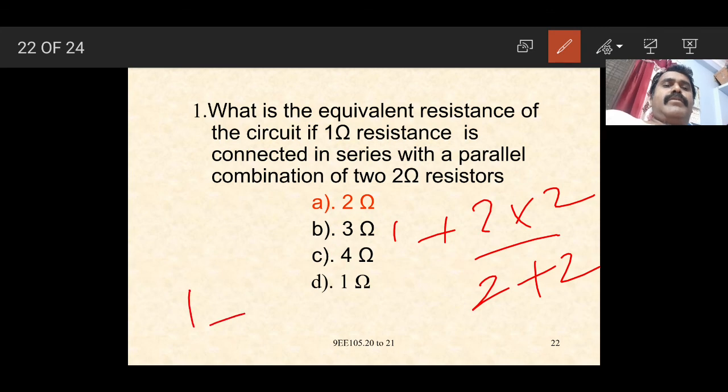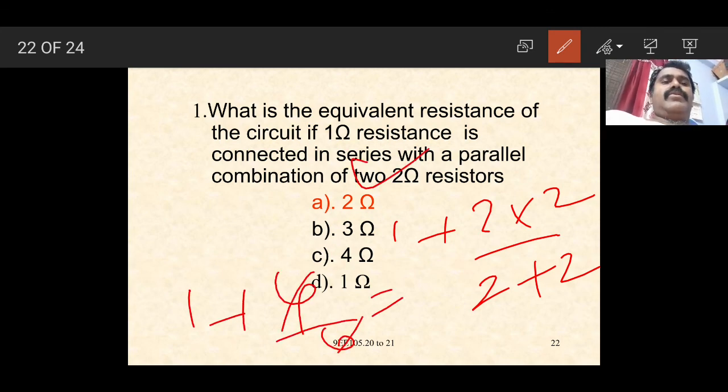Again 1 plus 4 by 4, which is 1. You get the answer, which is 2 ohms.